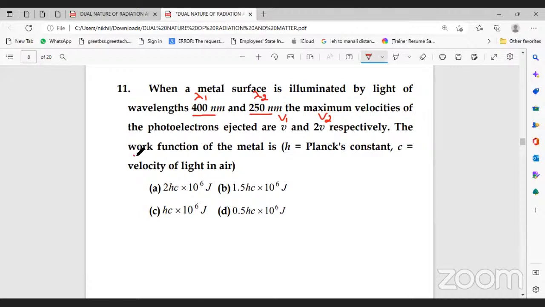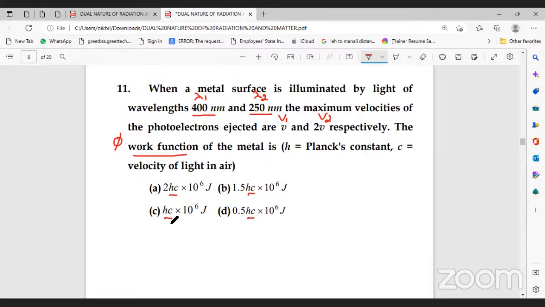Now they are expecting you to find the work function of the metal. Before calculating, have a look at the options. In the options, they are keeping hc as it is. They are not substituting the values for h and c.